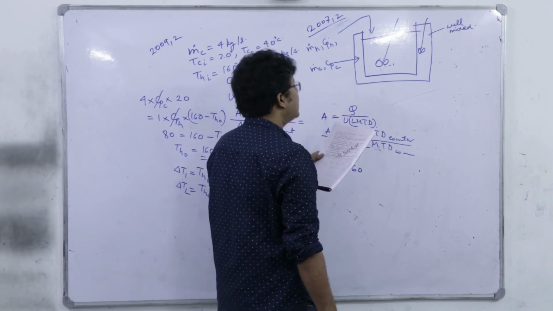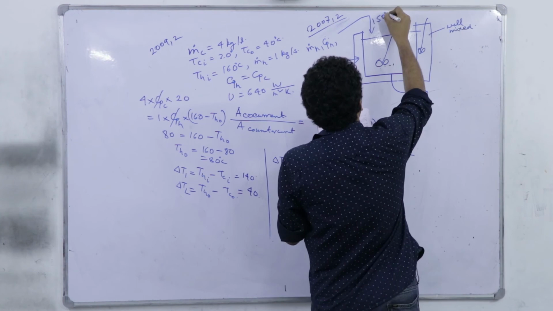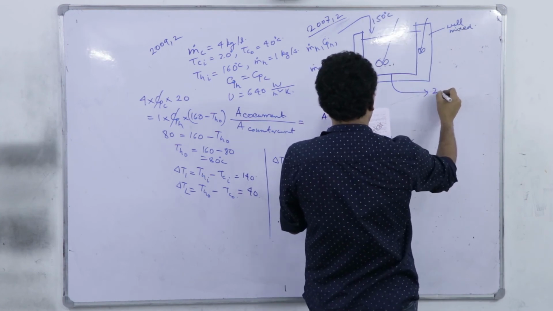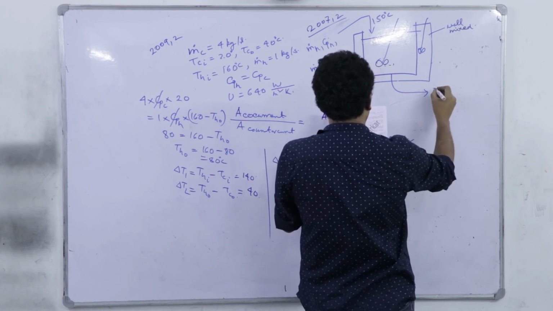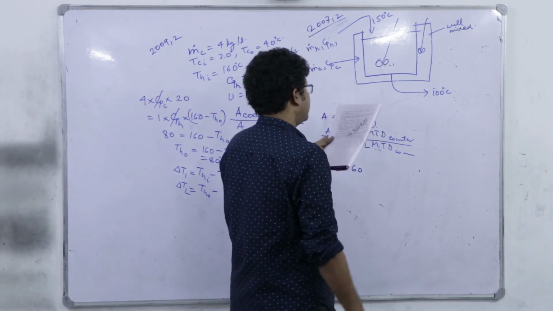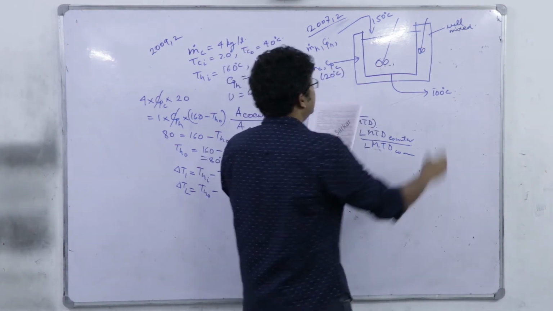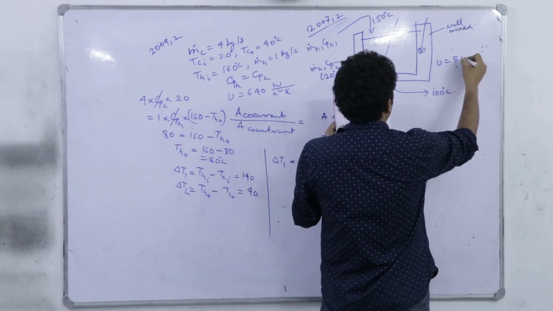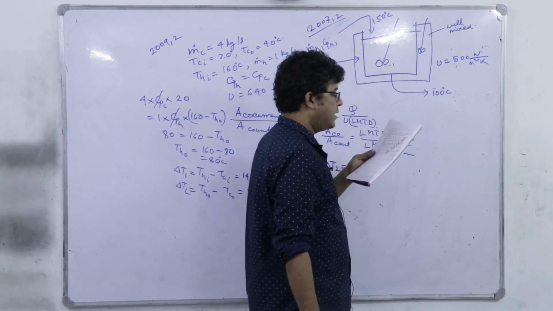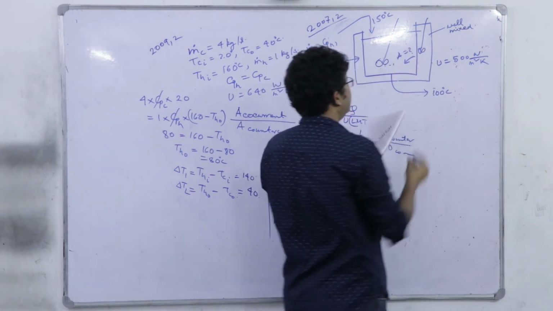The inlet and outlet temperature of the hot fluid: inlet is 150 degrees Celsius and outlet temperature is 100 degrees Celsius. The inlet temperature of the cold fluid is 20 degrees Celsius, right. U is 500 watt per meter square Kelvin. The heat transfer area is to be calculated.